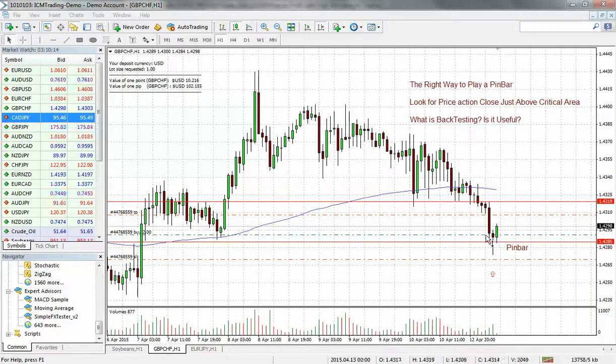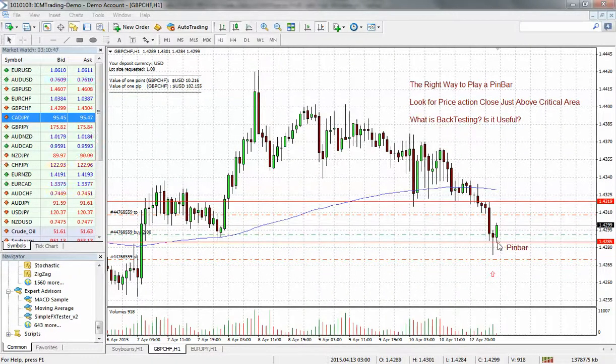Now, if we were selling, we would say just below, because we want it to be here. We would want it to be here. You always want the close to be very close to the line. You want the close to be very close to this line, and you want the tail of the pin bar to extend below the critical area, okay? The reason why you want that, okay, is because you want price to push up very quickly.